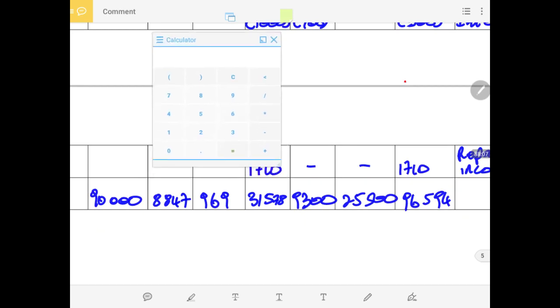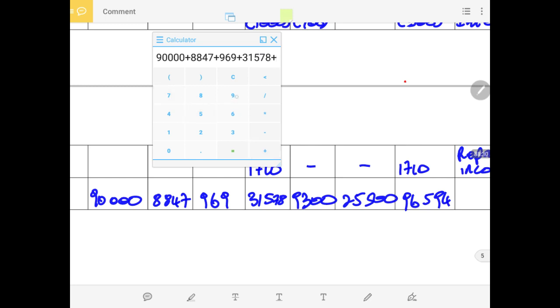Let me just confirm the totals, so that you compare assets minus liabilities to get to the amount of the equity. 90,000 plus 8,847 plus 969 plus 31,578.